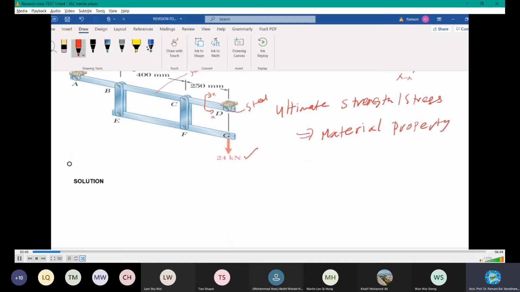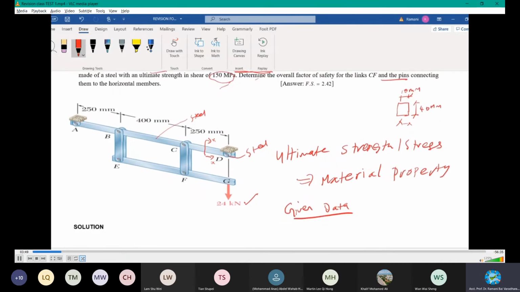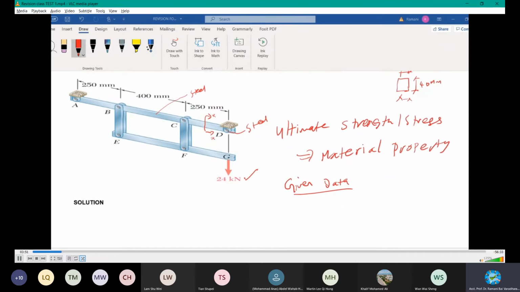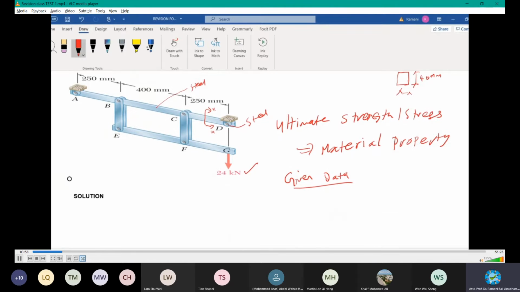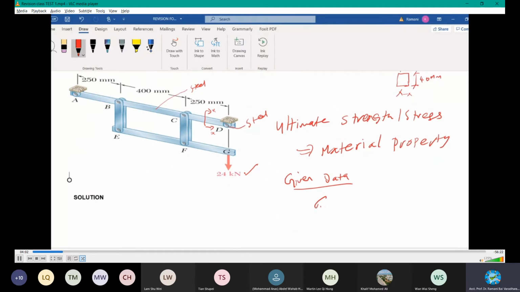Given data quickly, before the solution, you need to write the given data. Given data are: number 1, the ultimate strength, or stress. I keep it as stress, right?